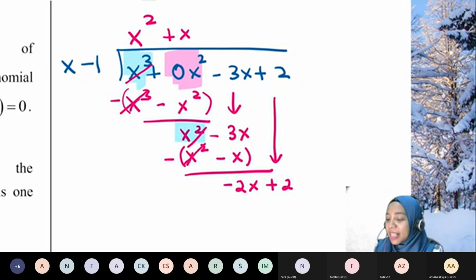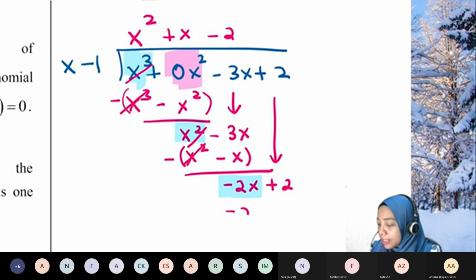Okay, now what makes negative 2x? Negative 2. Bila dia kata negatif, pastinya perlukan negatif juga. So, negative 2. Okay, so negative 2 times x dapat negative 2x. Negative 2 times negative 1, you get plus 2.